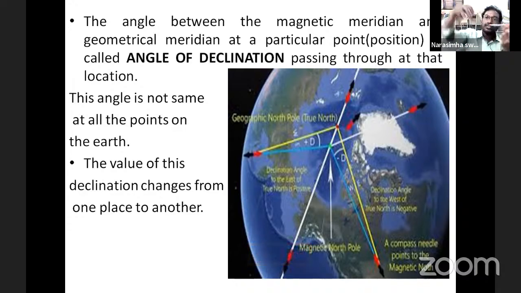But the person who is standing here, looking at these two points, magnetic point and geometrical point, for this person these two appear on the same line. Means these two are not making any angle.